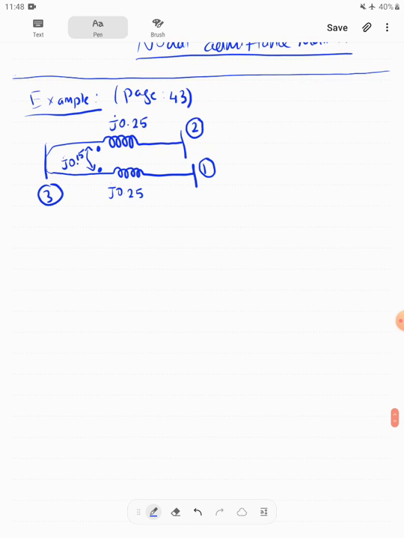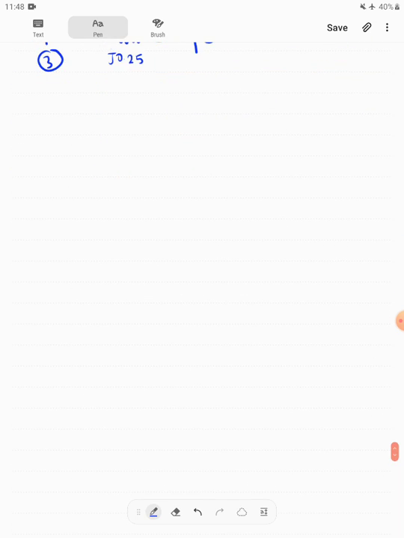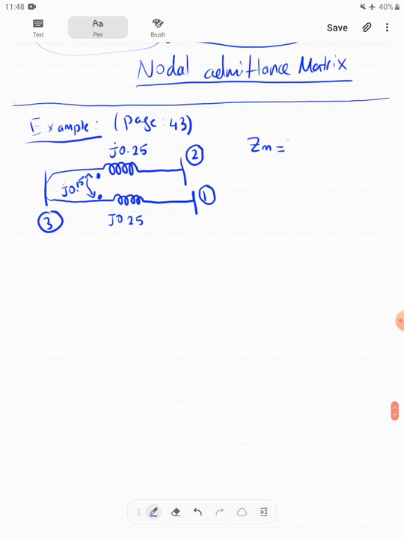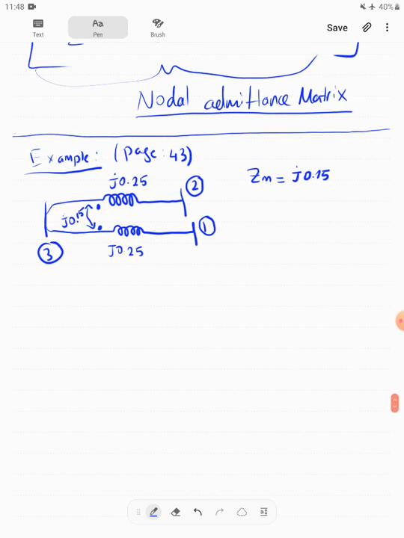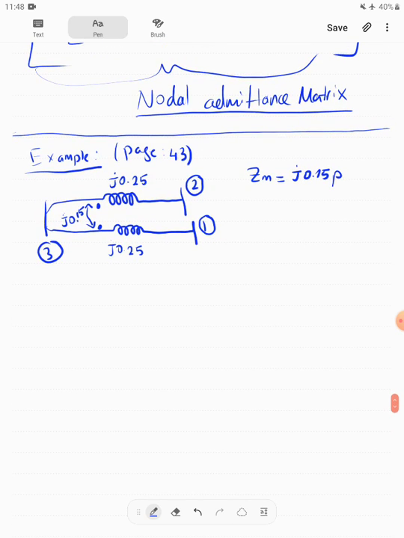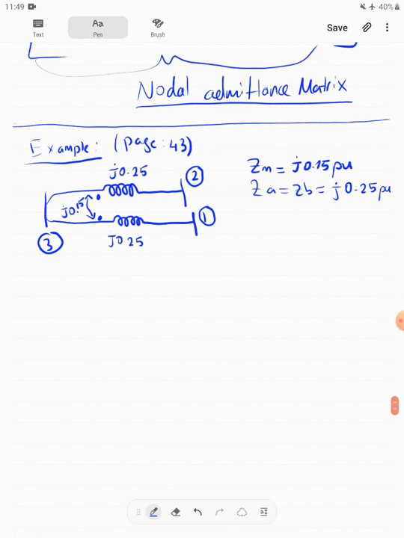So we can write the mutual impedance between these two transmission lines: Zm is equal to J0.15 per unit, while Za and Zb are equal, and they are J0.25 per unit.